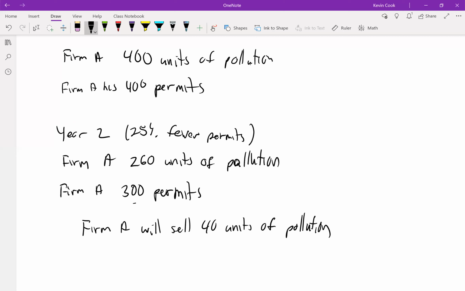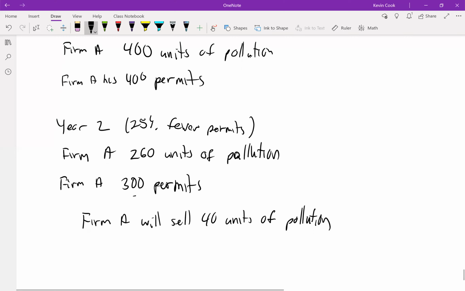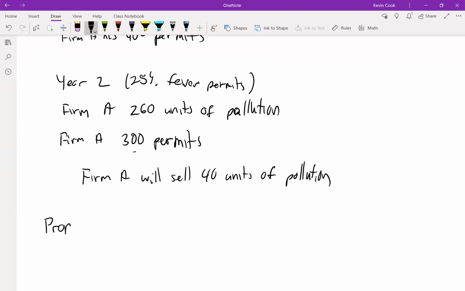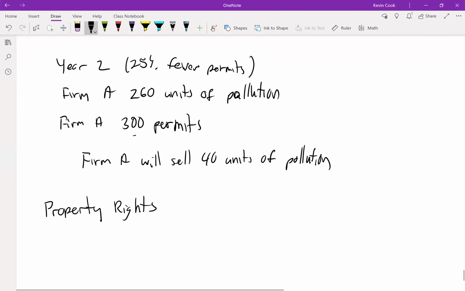So we had our pollution charges, then we had our marketable permits. The next thing we have is property rights, and we'll see what these are. The idea of property rights in general is that people will maintain their own property better than others.